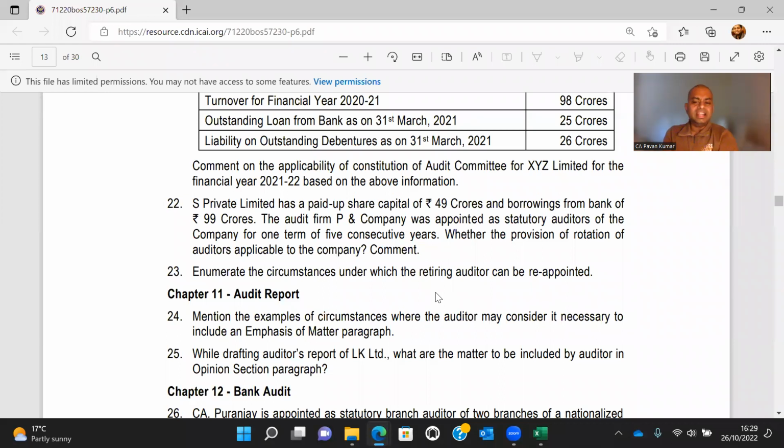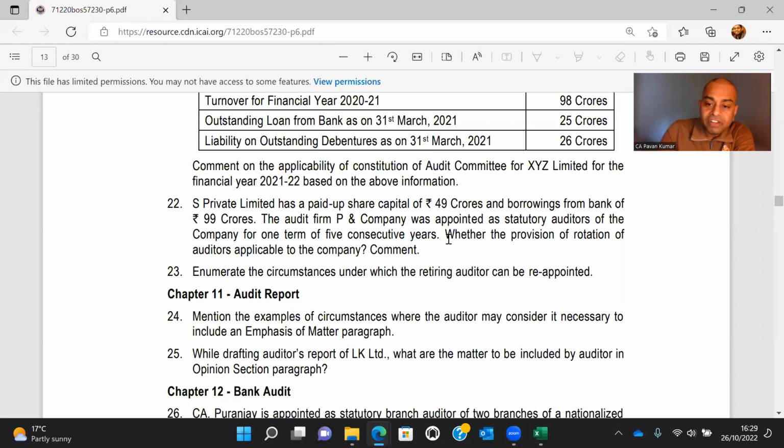Where is the discussion about qualification, disqualification here? Don't give heart attack answers. Where is the topic of disqualification here? This is not about disqualification. The word itself is wrong. The moment you write the auditor is disqualified, 0.